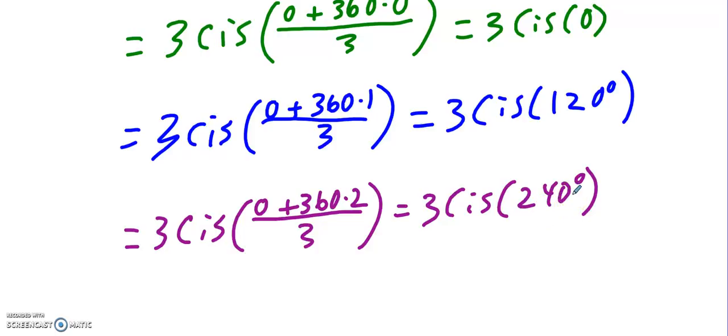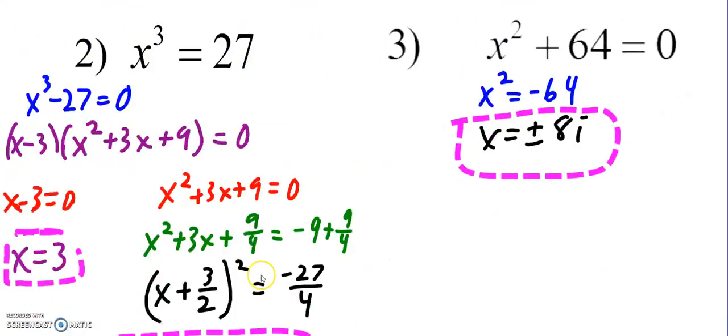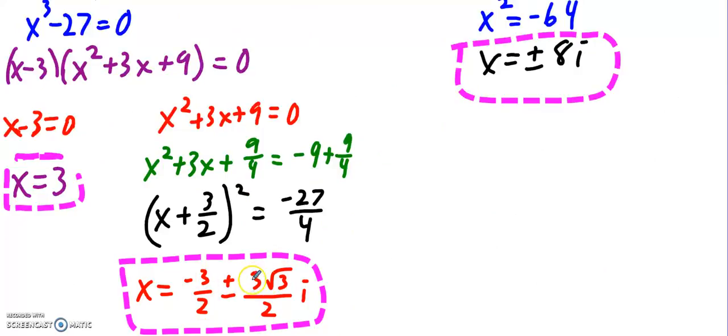Now, for the sake of time, and because I didn't specify otherwise, I'm just going to leave my answers in trig form here. If I was to convert them back to standard form, 3 CIS of 120 and 3 CIS of 240 would convert into negative 3 halves plus 3 root 3 over 2 i and negative 3 halves minus 3 root 3 over 2 i.